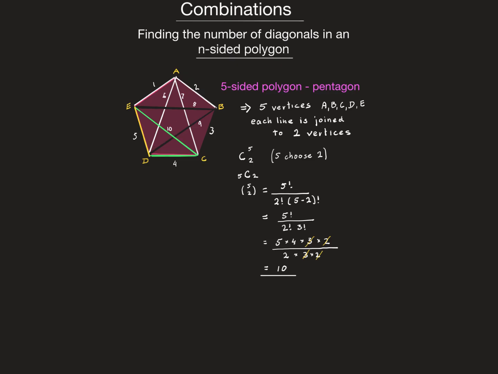But here's the rub. We are told to find the number of diagonals in the n-sided polygon. Now, in this polygon, we have found that there are 10 not only diagonals but edges. So we need to deduct the number of edges.